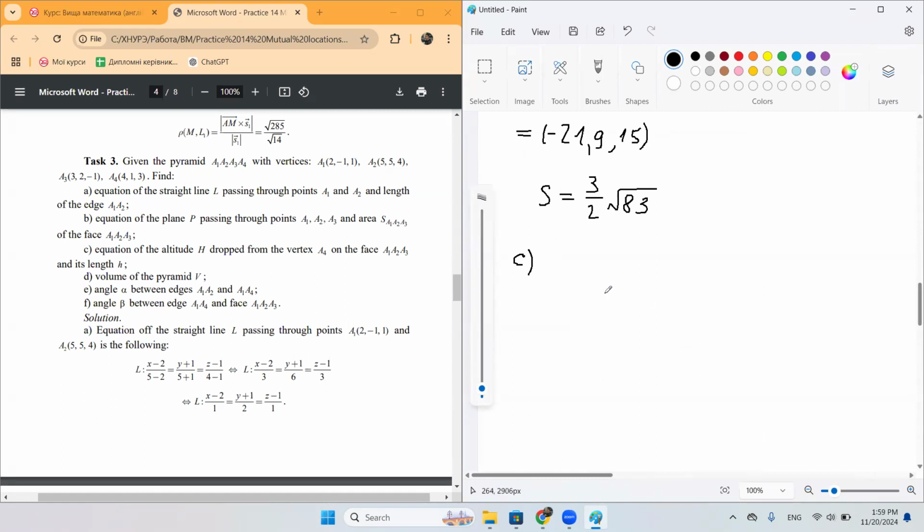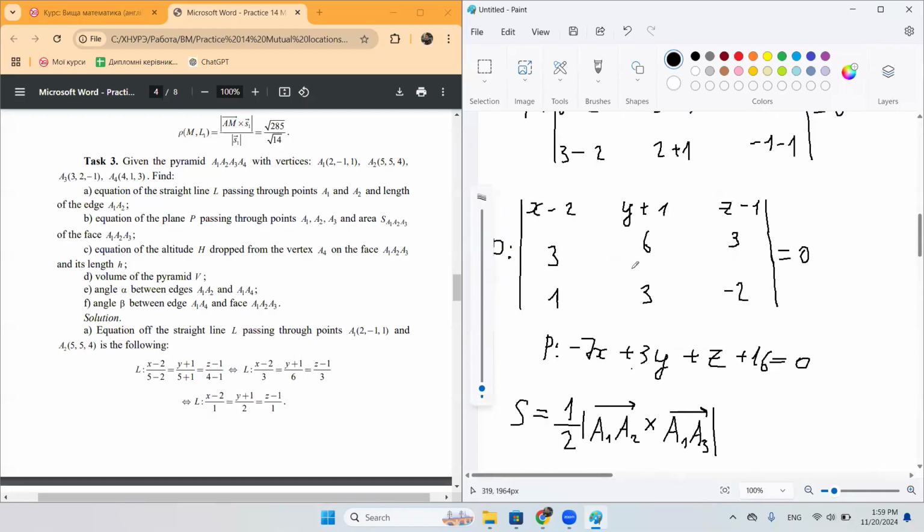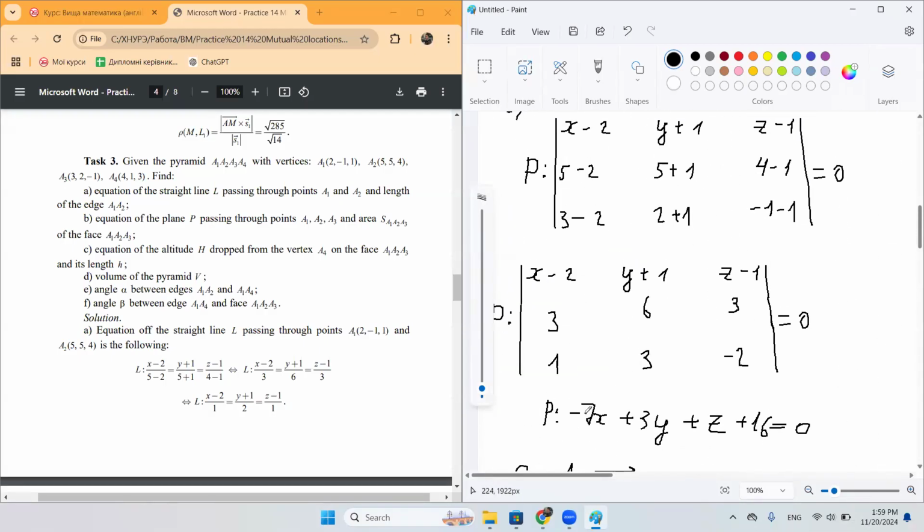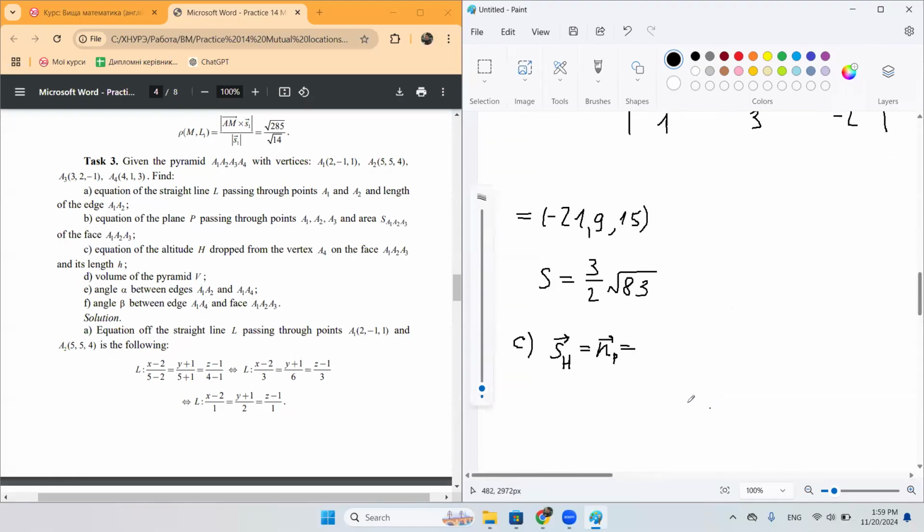Okay, so we don't need M for now. The direction vector s of h matches the normal vector of the plane P. So it is the following: -7, 3, 1.